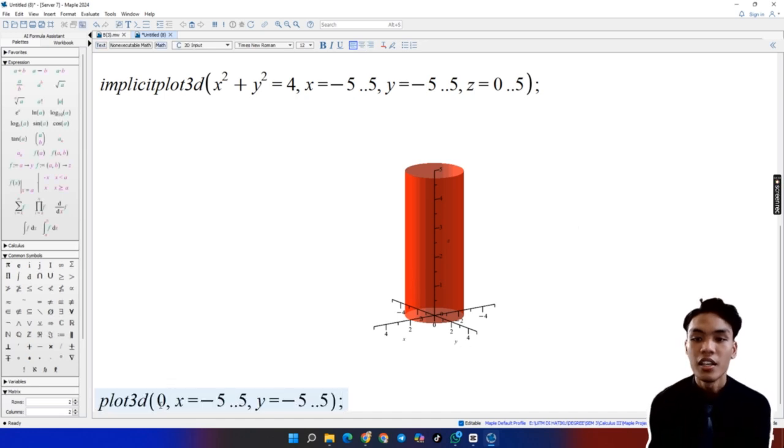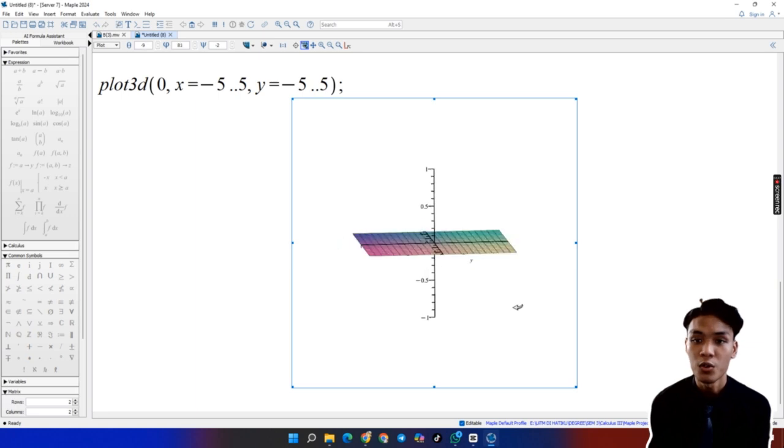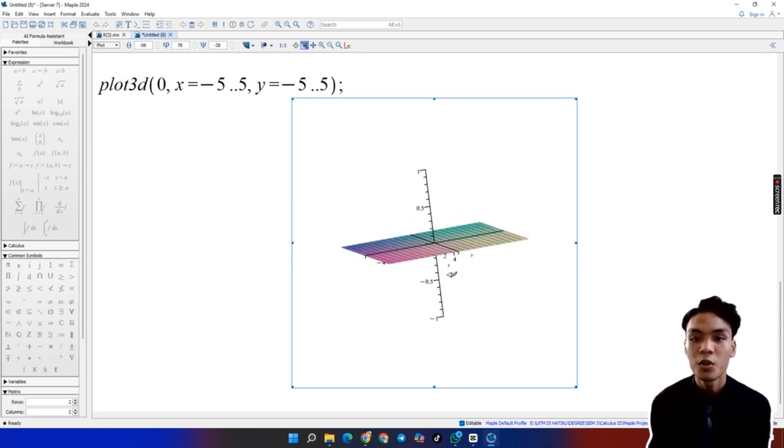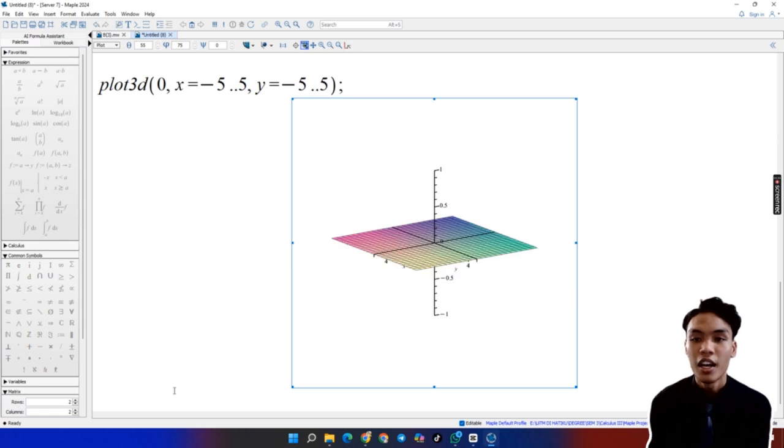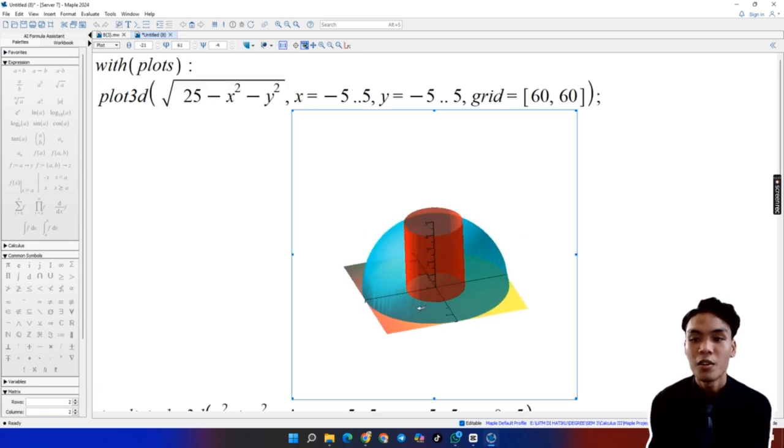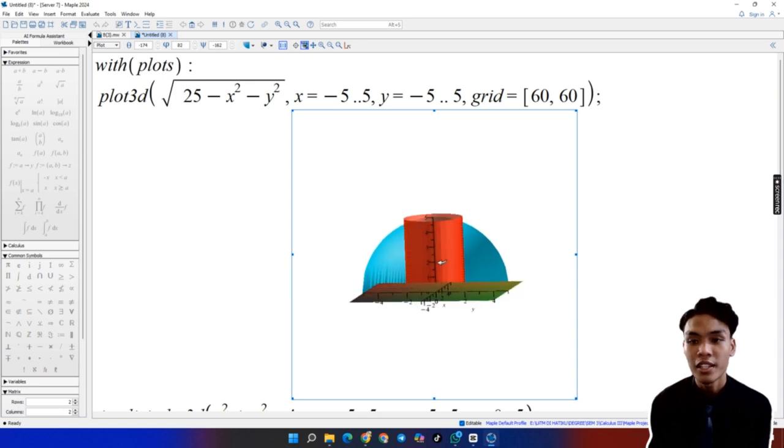And next is the xy plane. For the xy plane, it means the plane z equals 0. Therefore, we will use plot3d and we will get the xy plane. When we combine them together, it will look like this.